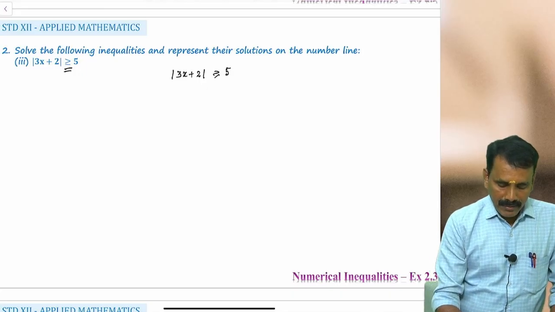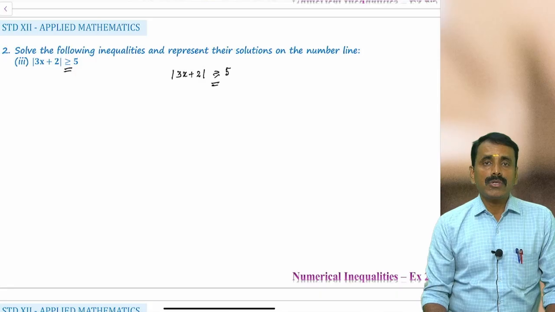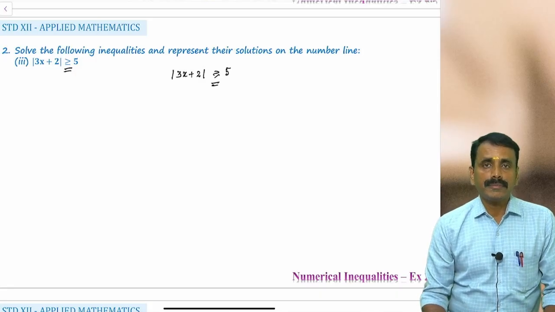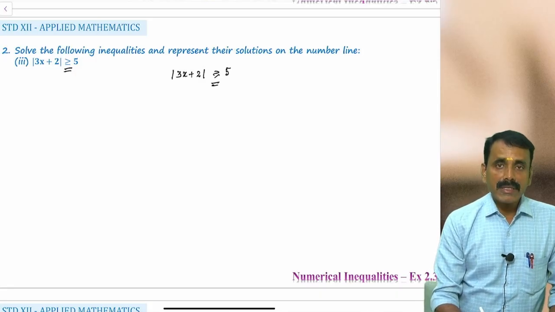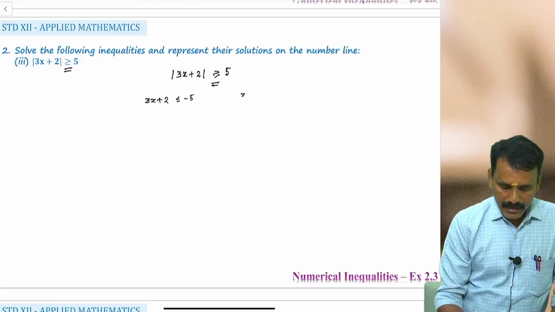Whenever we are having greater than or equal to symbol, the inequality should be separated. So how to rewrite this inequality? This will be rewritten as 3x plus 2 less than or equal to minus 5 and 3x plus 2 greater than or equal to plus 5.